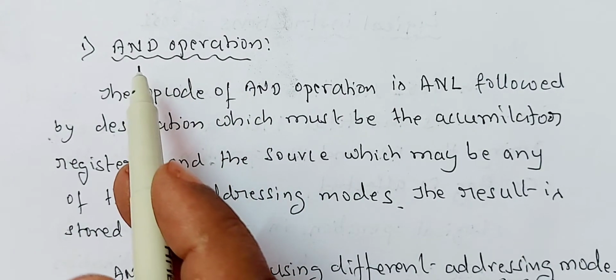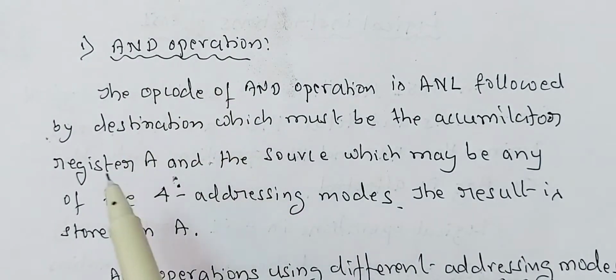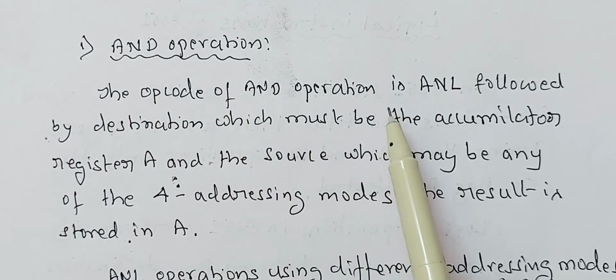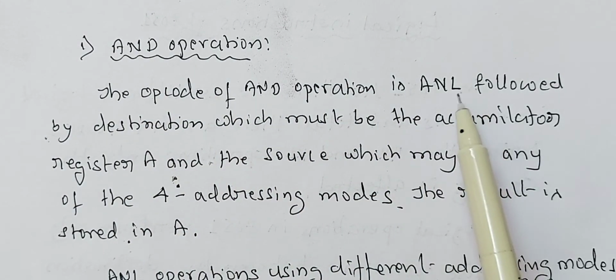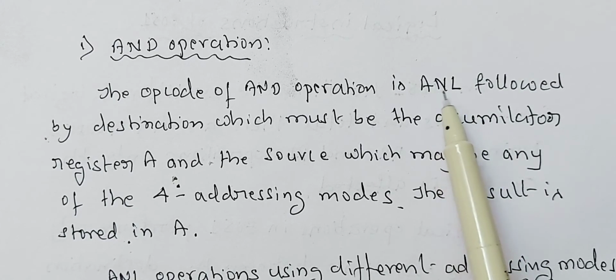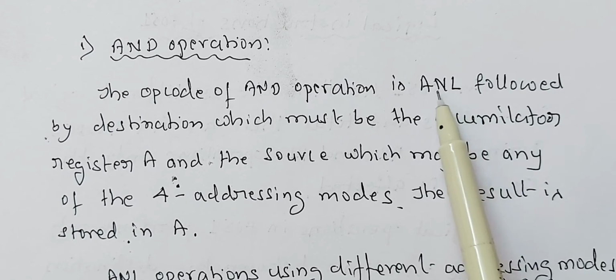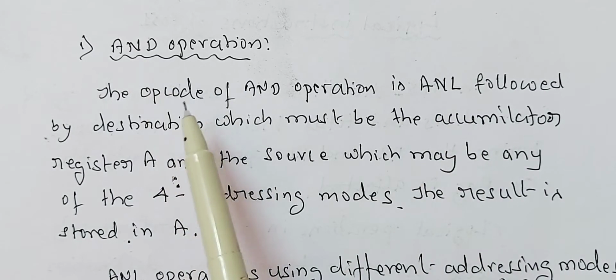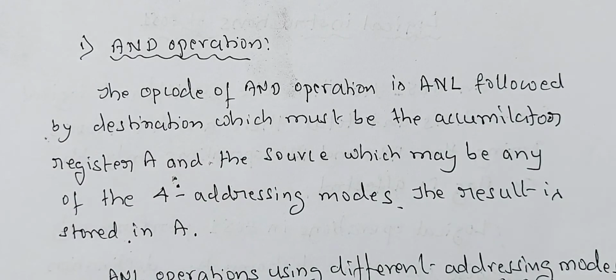In the 8051 microcontroller, the operational code used for AND operation is ANL. That means AND logic, with 3 letters, ANL. ANL means AND logic, which performs the AND operation between the two data.